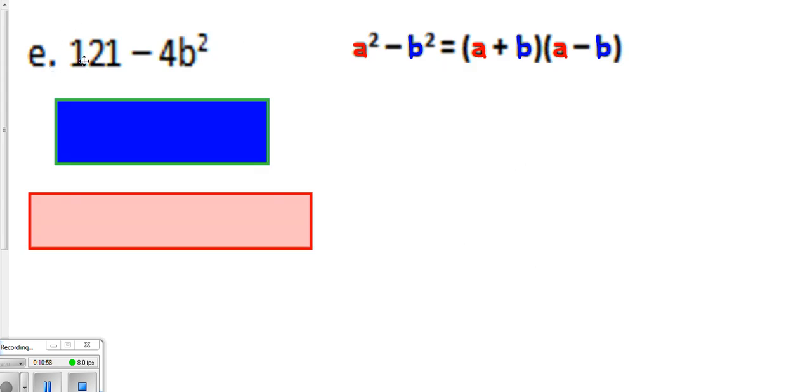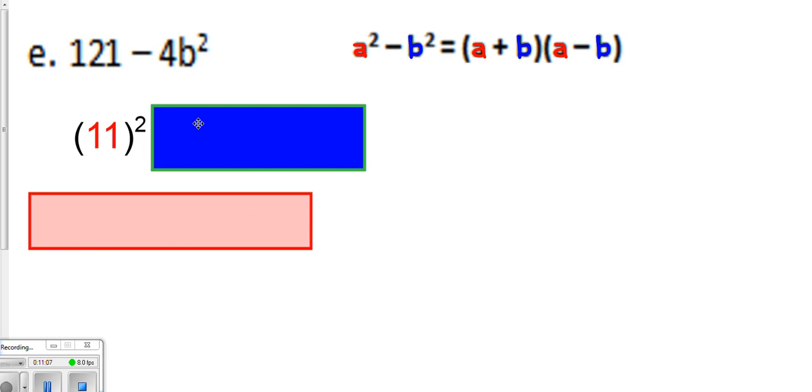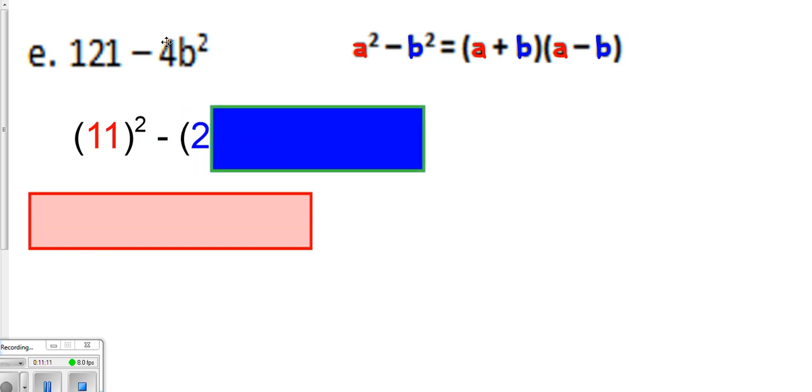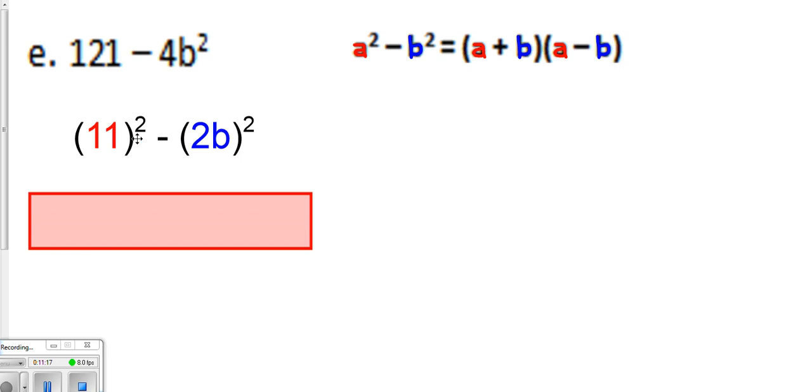All right, looking at this example, we've got 121 minus 4b squared. Well, 121 we just said was 11 squared. 4 we remembered as 2 squared, but we also have this b squared part at the end here, so it's going to be 2b. So we have 11 squared minus 2b squared.